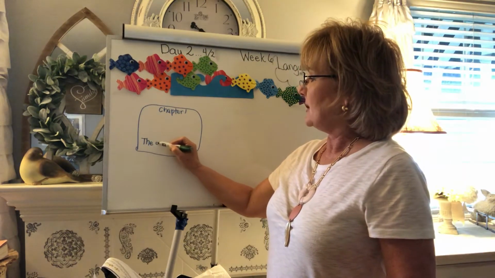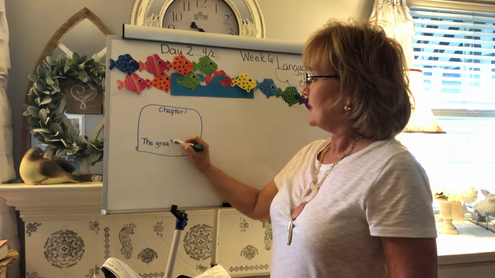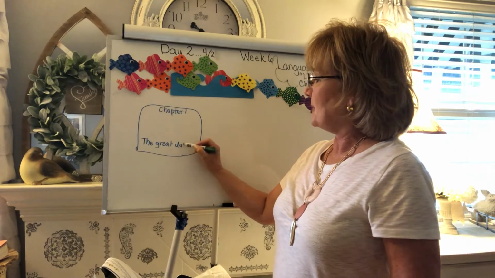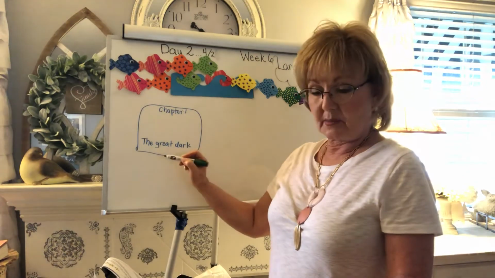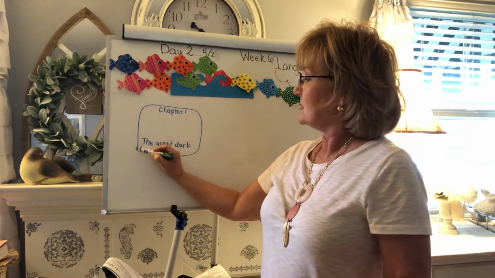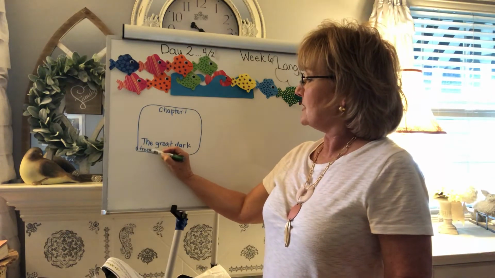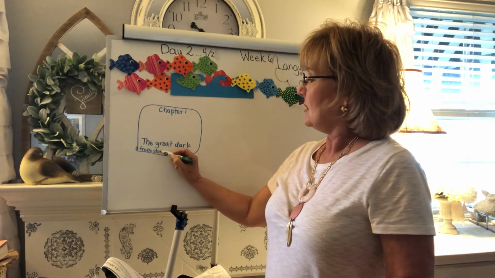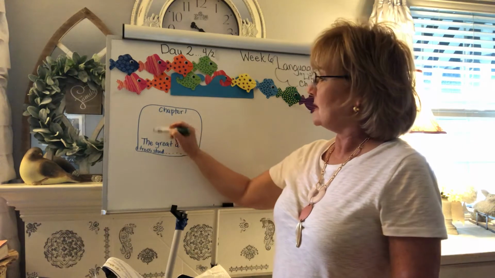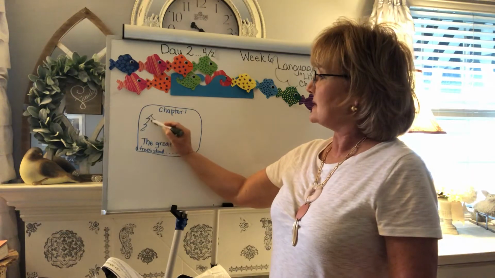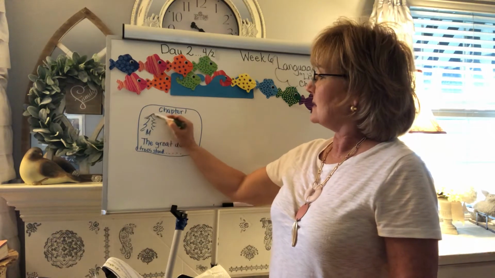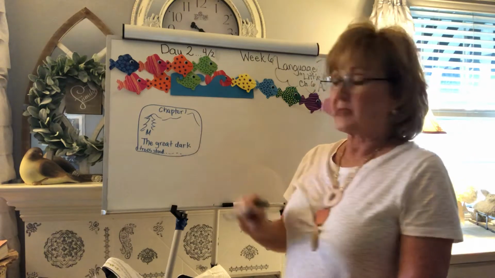The great dark trees. I'm copying that right from the book on page 1. Trees stood all around the house. And then if you want to do your scene of their house, and what you think that would look like.